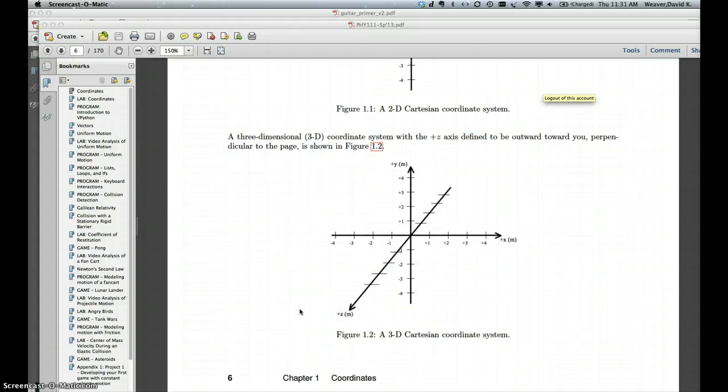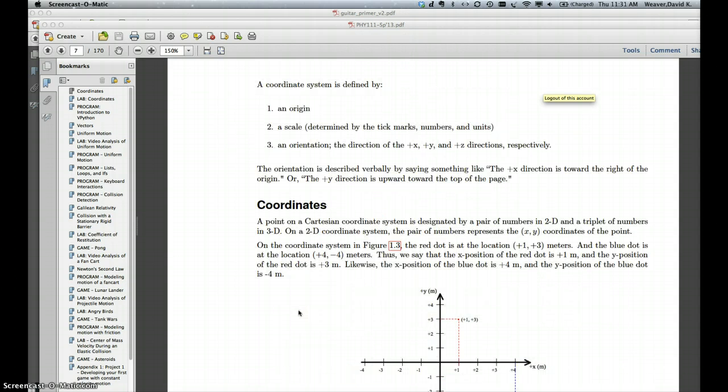Now the three-dimensional one you see right here is the coordinate system that we'll be working with once we get going with VPython, which will be in week 2. Up is positive y, to the right is positive x, and out of the screen is positive z.